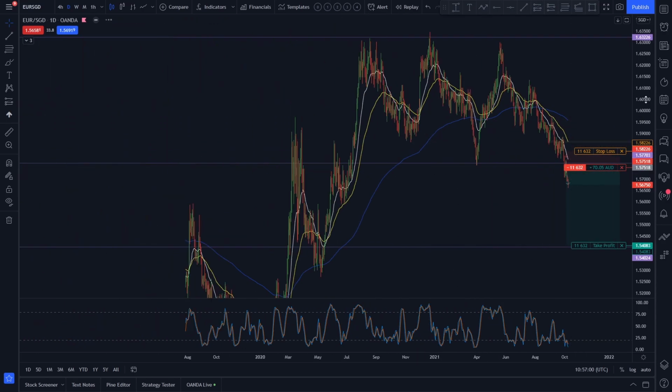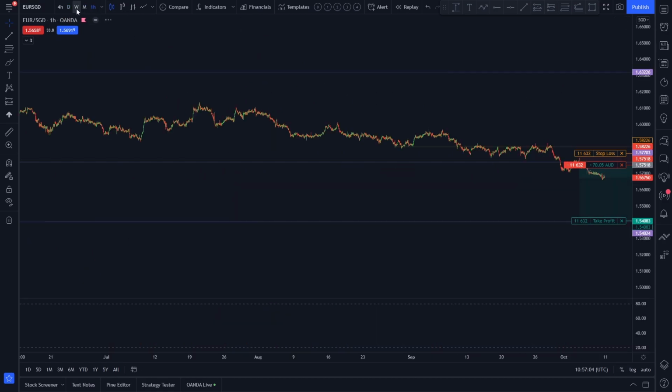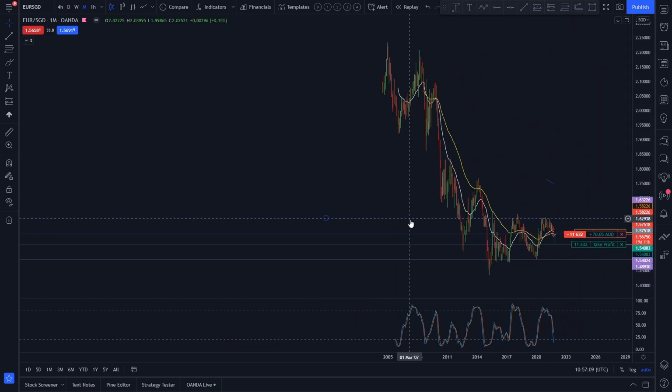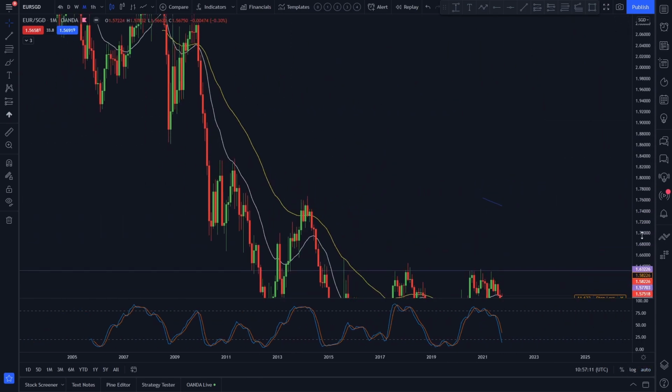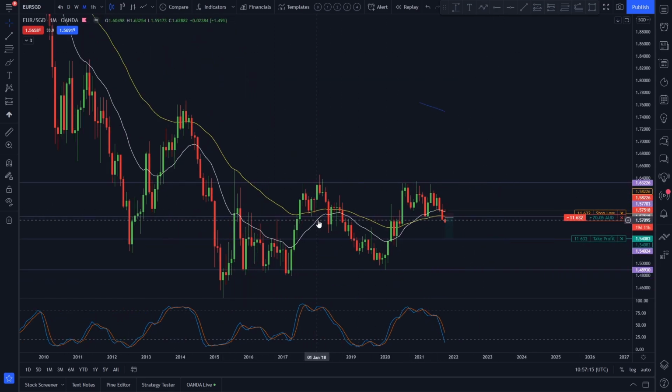Price has broken this major resistance here. If we scroll out, if we want to see it even clearer, we can go up to the monthly time frame, and we can see that this is a major resistance level.